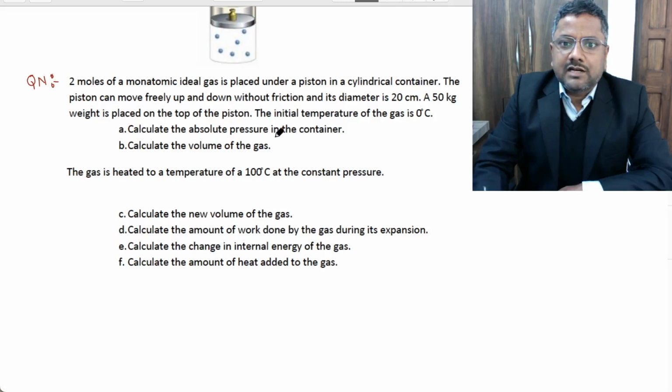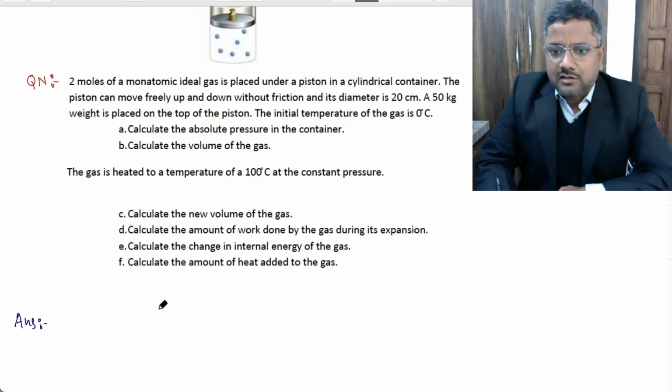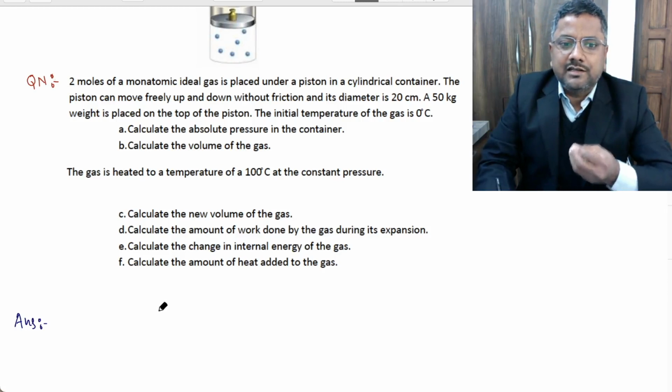First is calculate the absolute pressure. So all of you are knowing that the absolute pressure of gas in any container is basically equal to the pressure of the gas plus atmospheric pressure.